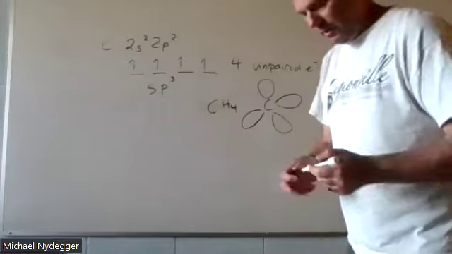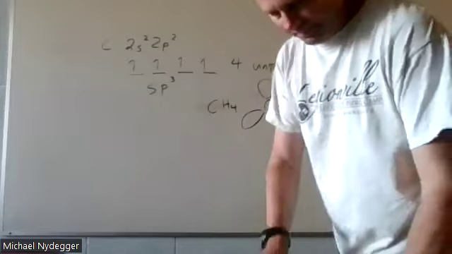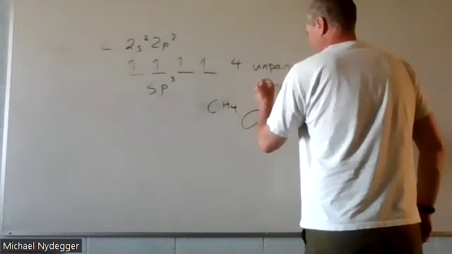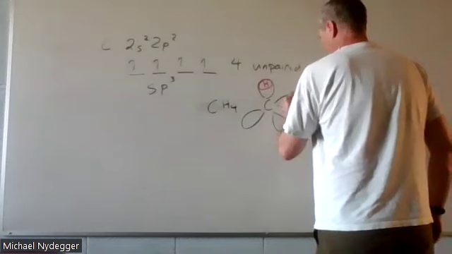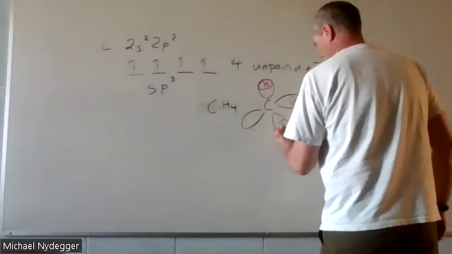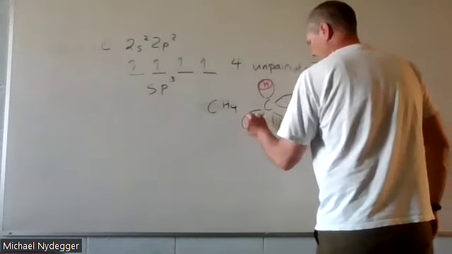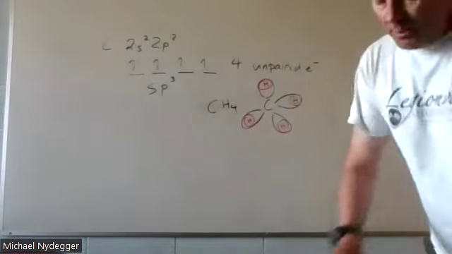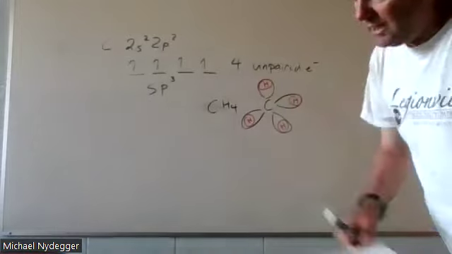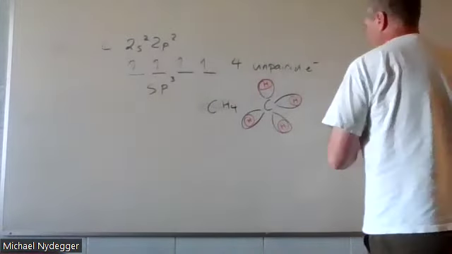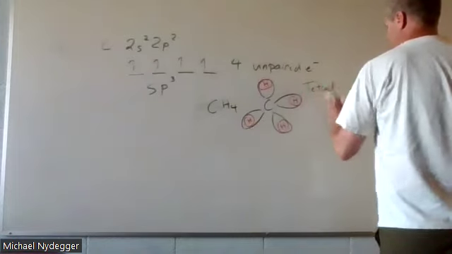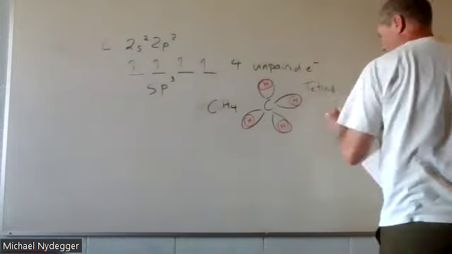All right, and then here would be the hydrogens. Now the shape of this is tetrahedral, and that's the easy cheat to this, it's going to be tetrahedral. I could spell, but I can't.